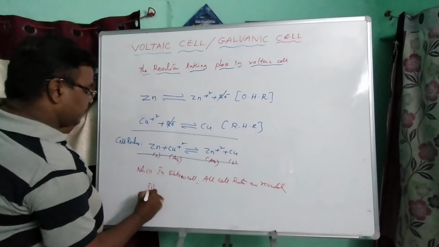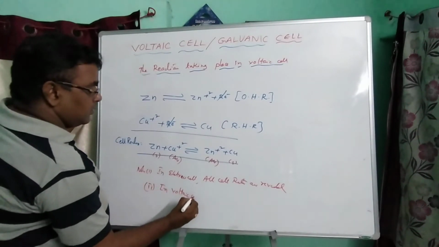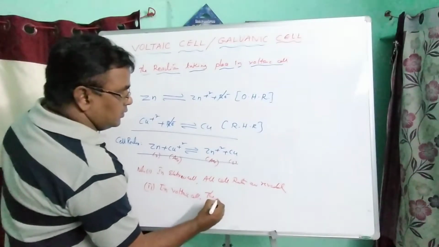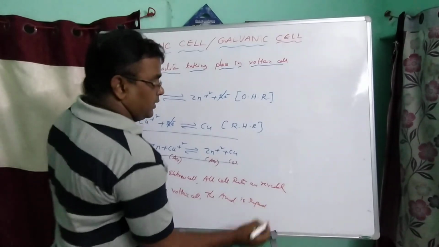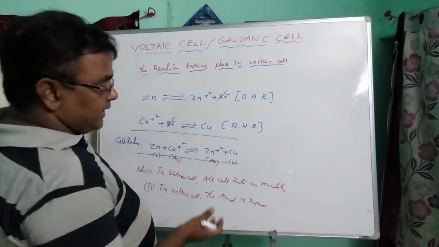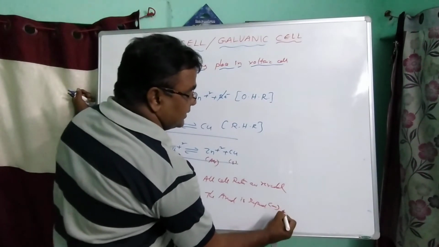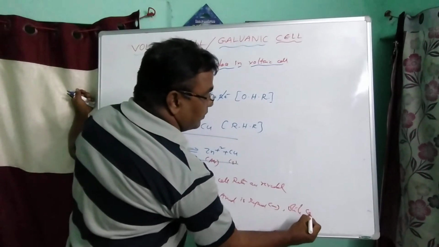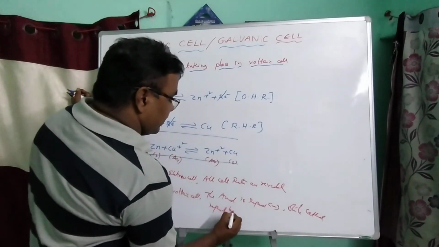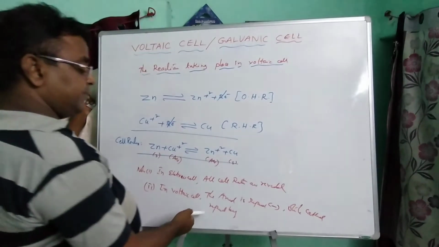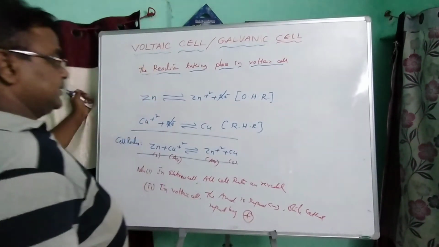Next, in a voltaic cell the anode is generally represented by plus, but in electrolytic cells the anode is represented by minus, while the cathode is actually represented by minus in a voltaic cell, but in electrolytic cells it is represented by plus.